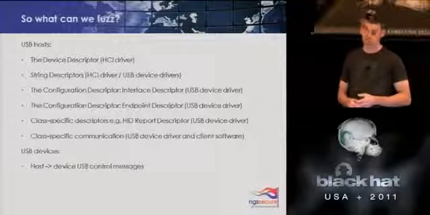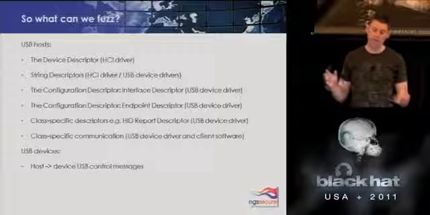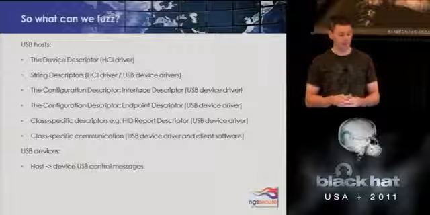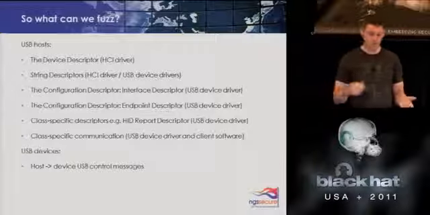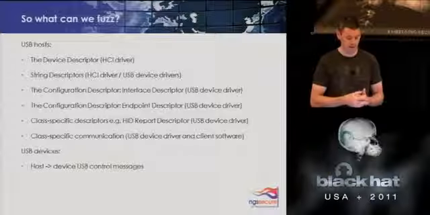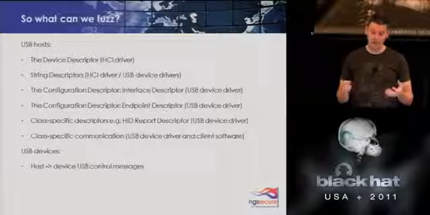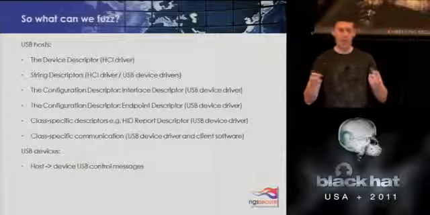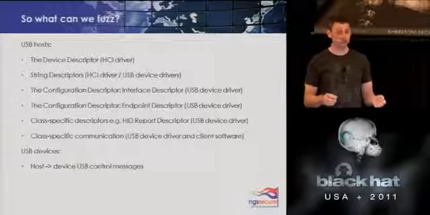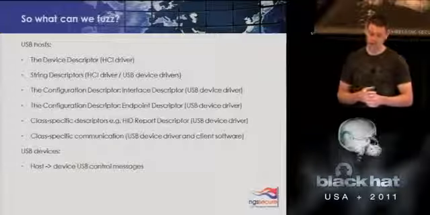So what can we fuzz? Well, I've talked about the different descriptors. The different descriptors are being processed by different drivers on the host. So you've got HCI drivers, bus drivers, and device drivers for specific USB uses. And once the initial enumeration process has finished and you start using the device, then you get class-specific descriptors that come into force.